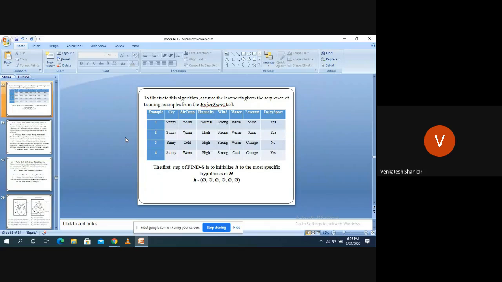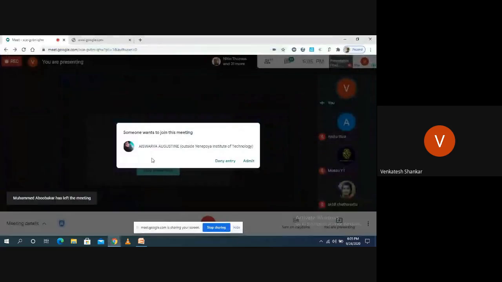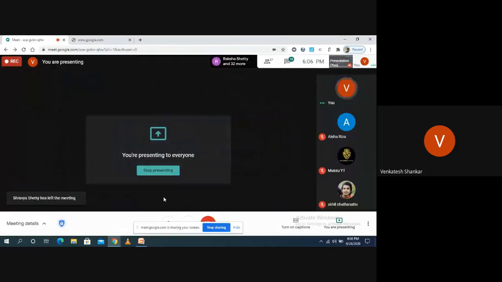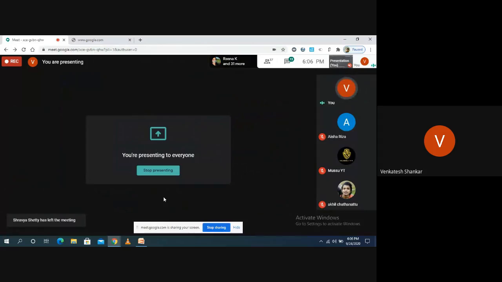In concept learning, two things are very important: the general hypothesis, represented by a question mark, and the specific hypothesis, represented by null. The FindS algorithm considers only positive examples.